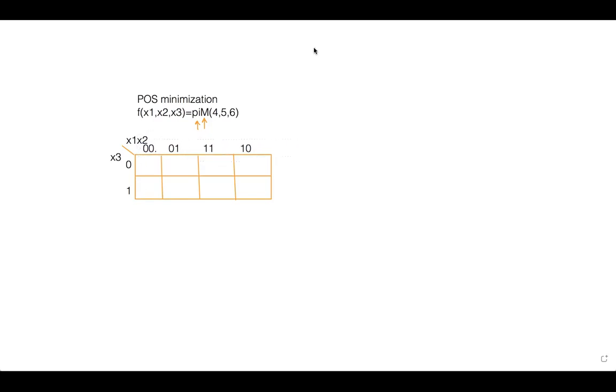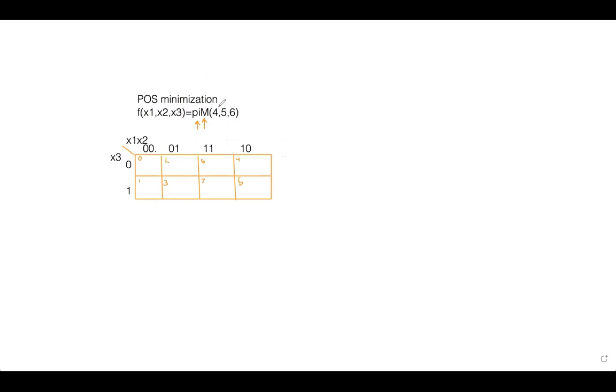Okay, let's fill in, and we were given in product of sum, so that means we fill in zeros. Okay, so at spot 4, if we remember, at this part it is 0 here, it is 1, we have 2, we have 3, we have 4, 5, 6, and 7.